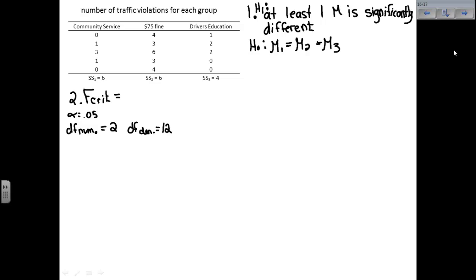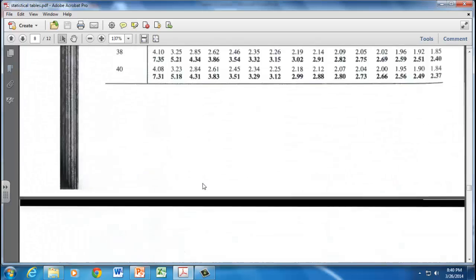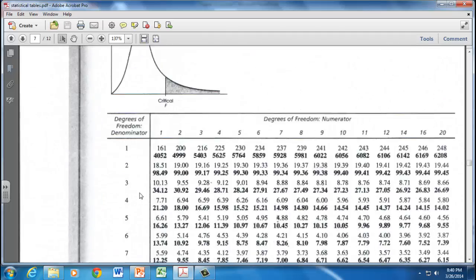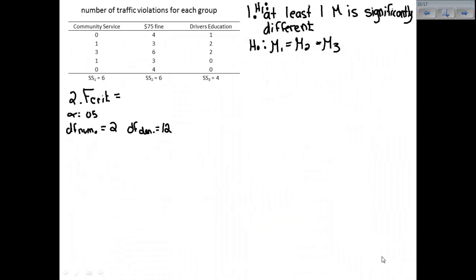So let's go ahead and find F crit. Okay, so let's go up to the F table, find degrees of freedom denominator of 12, degrees of freedom numerator was 2, and our alpha level is 0.05, so 3.88 is our critical value. So 3.88. And if we draw this out, it looks a little something like this.